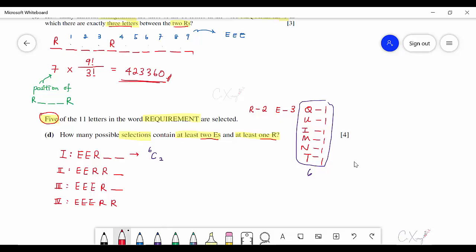Okay, then continue to case number 2. So for case number 2, we are only having one empty space, which means that you want to select one letter from the 6. So it should be 6C1. Same thing happened for case number 3, one empty space, it is 6C1 also. And for the last case, there's no empty space, right? So this selection itself belongs to one case, so equals to 1.